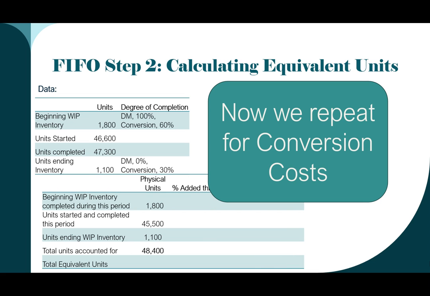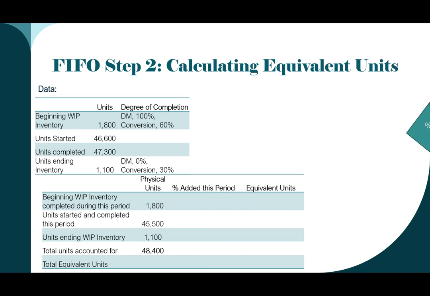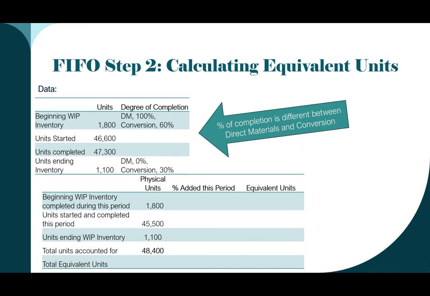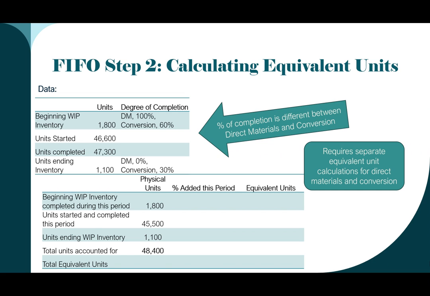Now we have to repeat this process for conversion costs. Again, the degree of completion is different between conversion costs and direct materials. And for this reason, we're doing two sets of equivalent units. So now we're looking at how much is completed with regards to conversion costs.